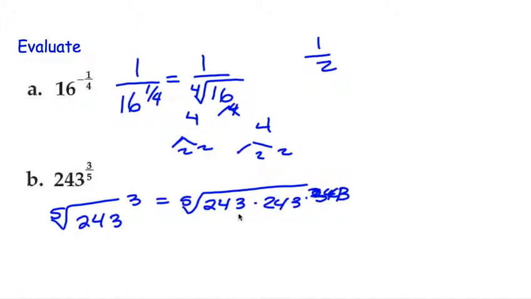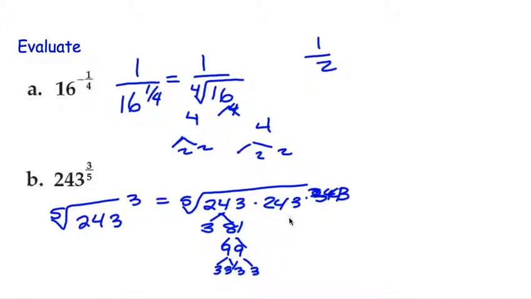Each one of those can be factored down into 3 and 81. 81 breaks down into 9 and 9. And that breaks down into 3 and 3. So each one of these breaks down into 5 sets of 3. Since it's a fifth root, I'm going to have 5 3s from the first one, 5 3s from the second one, 5 3s from the third one.